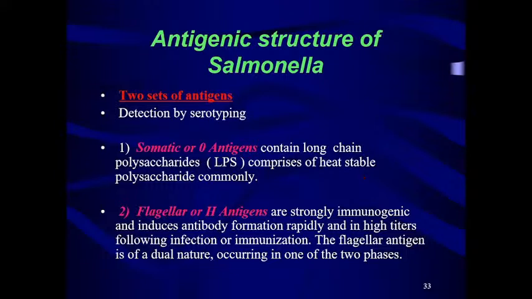We have the O, the somatic antigens, comprised of heat-stable polysaccharide, and we have the flagellar or H antigens that are strongly immunogenic and induce antibody formation rapidly and in high titers. Following infection or immunization, the flagellar antigen is of a dual nature, occurring in one or two phases.